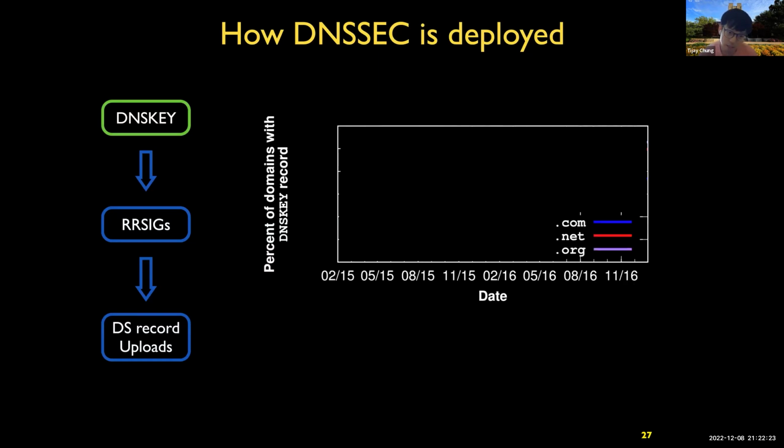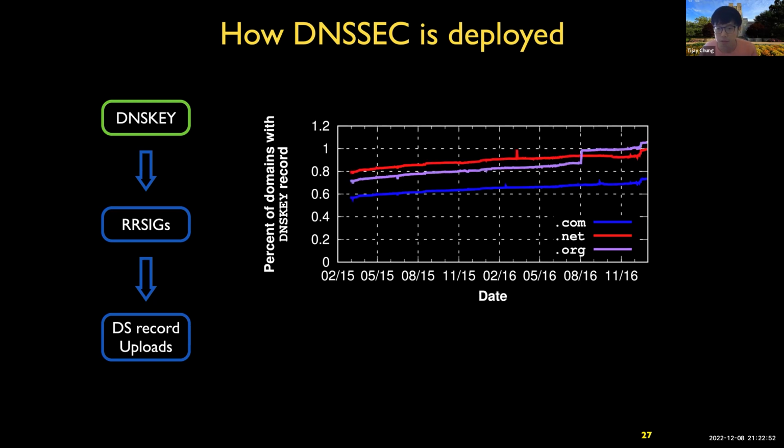The y-axis shows the percentage of domains with DNS key records. Having a DNS key record does not necessarily mean they deployed DNSSEC correctly. It could be a wrong signature, or it could be a missing DNS record. But at this moment, let's just focus on the existence of DNS key records.